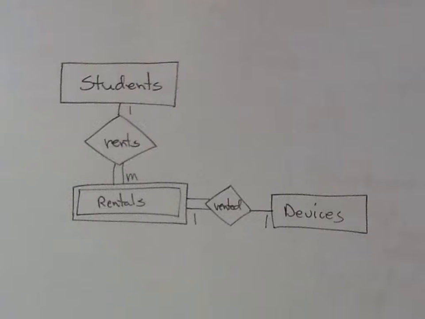So here's an example where we talked about an entity, students, the entity devices, and then we have a table where we're actually having the devices rented.